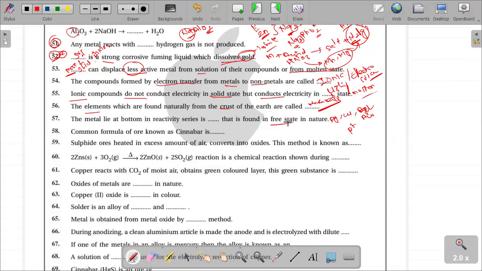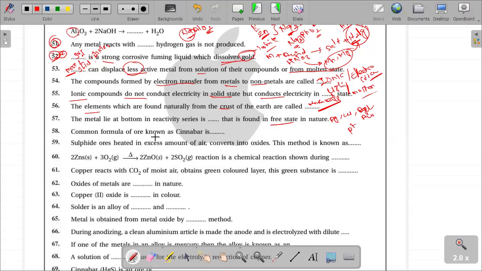Gold we are not refining or doing anything. We just collect it from the ground, melt it, and make the rod or bar. The silver is also the same, platinum also the same. So they exist in nature freely and won't combine with any other thing.